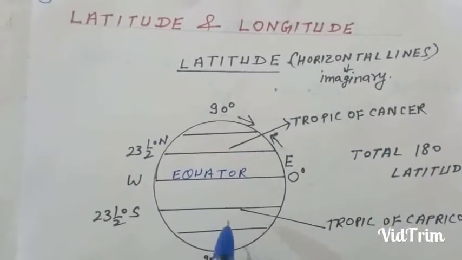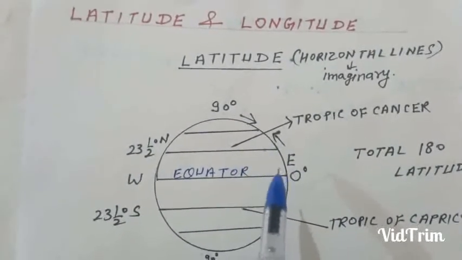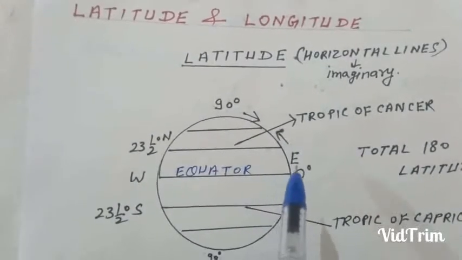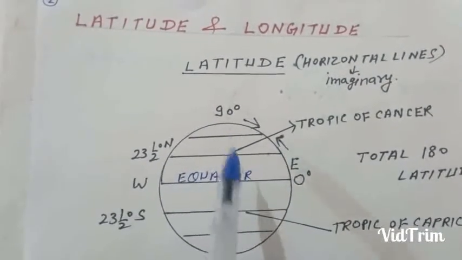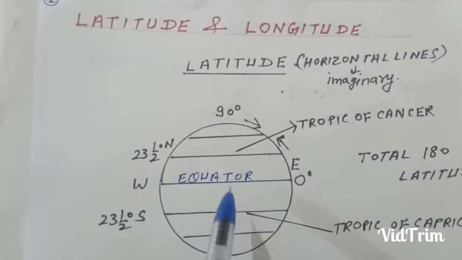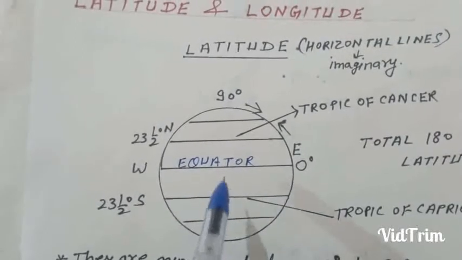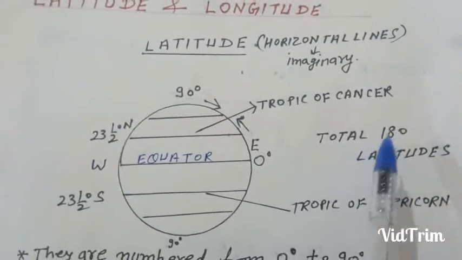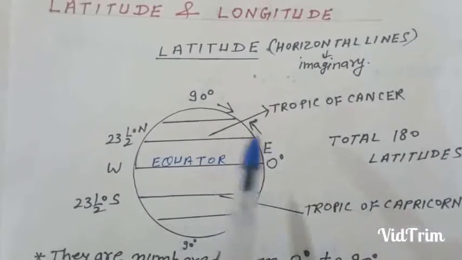So these are the latitudes. These latitudes are counted from 0° to 90°. So from 0° to 90° north, there are 90 latitudes, and from 0° to 90° south we have the same 90 latitudes. So in total we have 180 latitudes. So this helps to locate any place.